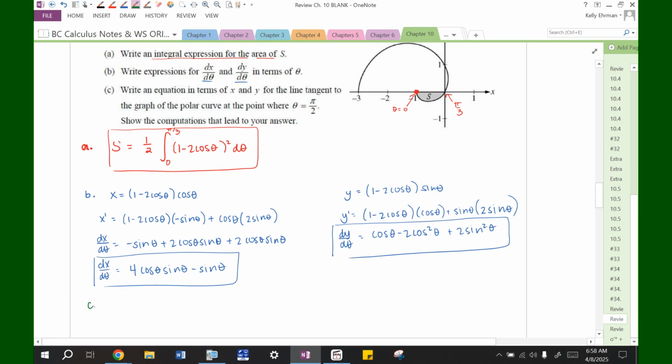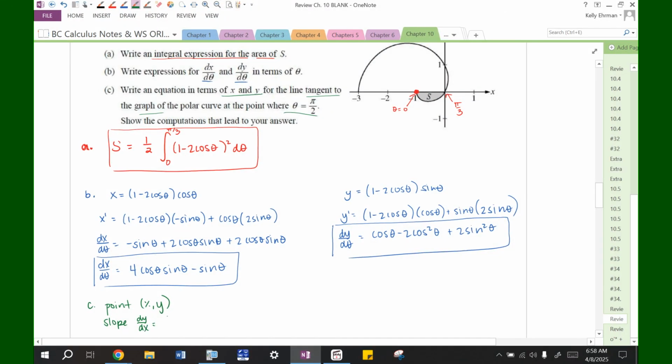Okay, and then part C says write an equation in terms of x and y for the line tangent to the graph of the polar curve where theta equals pi over 2. So, remember we need a point in terms of x, y, and we need a slope, which is dy dx.